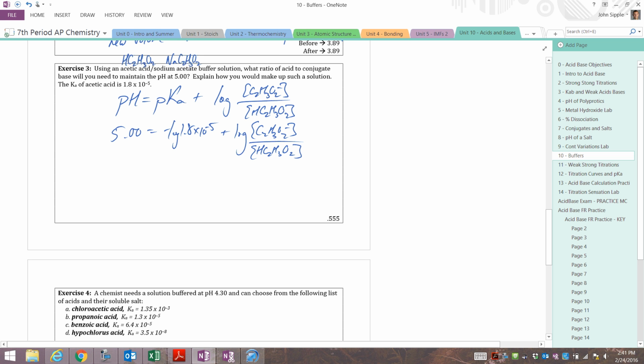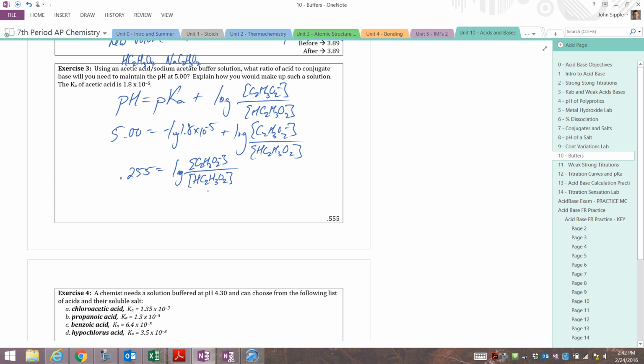All right, so minus log, so I get 0.255 is equal to the log of our acetate ion to our acetic acid.